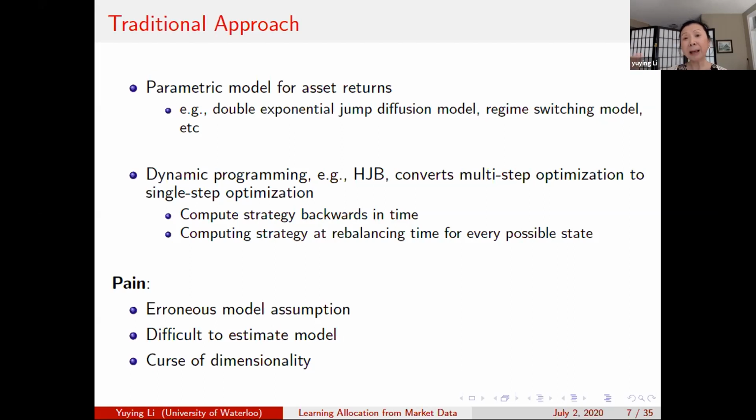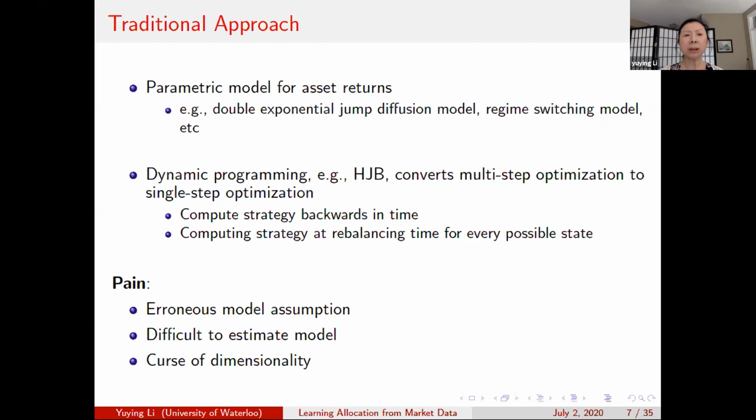And then based on this estimated stochastic model, we solve the stochastic optimal control problem by using dynamic programming. And then we are faced with the curse of dimensionality. We can't solve it for more than 2 state variables, 3 state variables at most. So this is the traditional approach. It is painful and it is difficult.